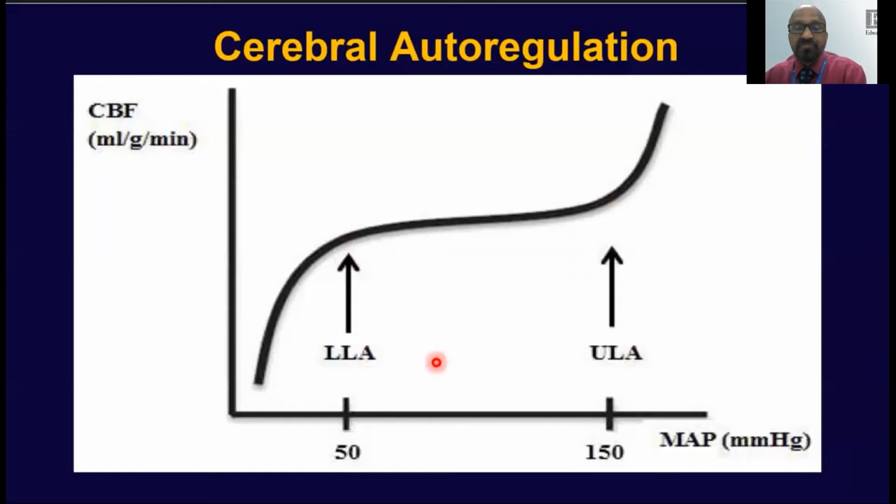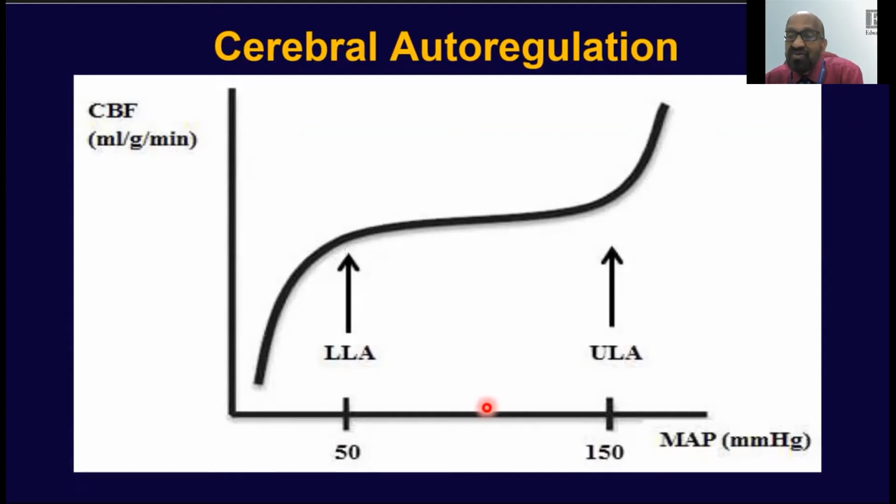As I said, these limits have been determined as 50 millimeters of mean arterial pressure and 150 millimeters of mean arterial pressure, respectively, in healthy individuals. This data was derived from 11 human studies published somewhere in the 80s and 90s.